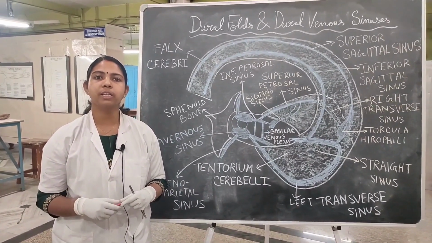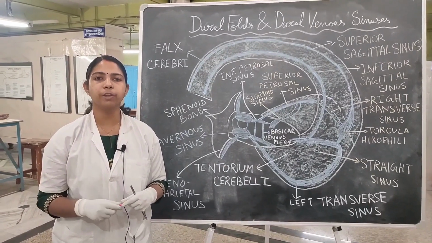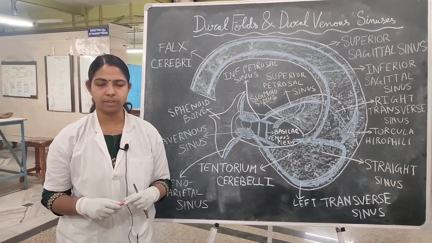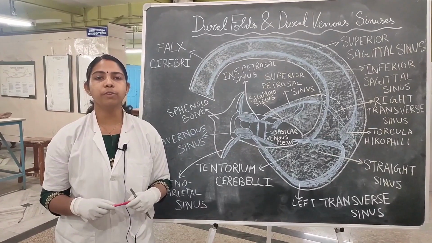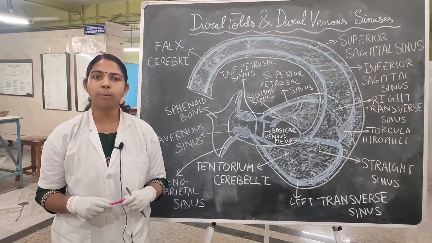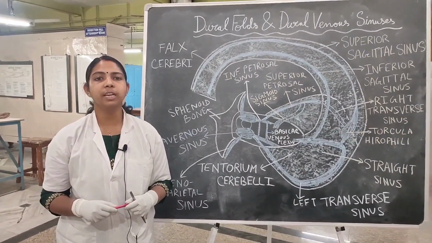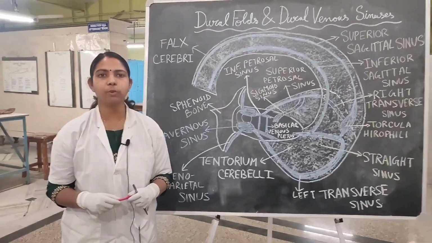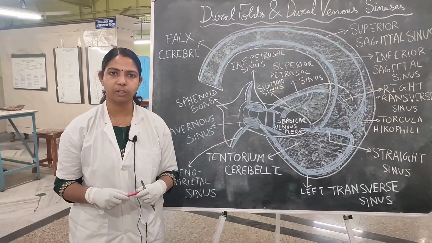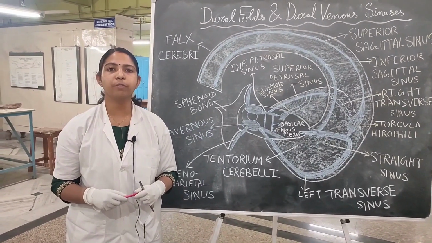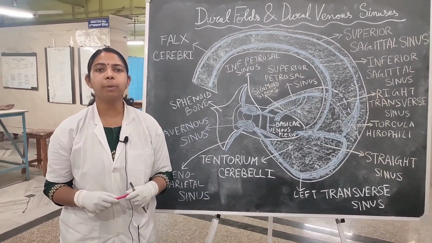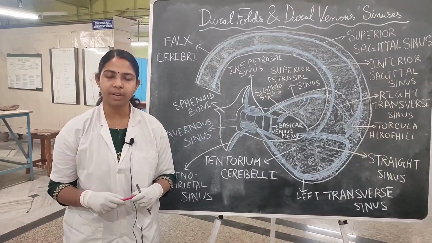Due to this, there is a high chance of spread of infection into the cranial cavity. When there is spread of infection from the scalp, there is thrombosis of the superior sagittal sinus, due to which there is decreased absorption of CSF leading to increased intracranial tension. From the dangerous area of the face and orbit, there can be spread of infection to the cavernous sinus.